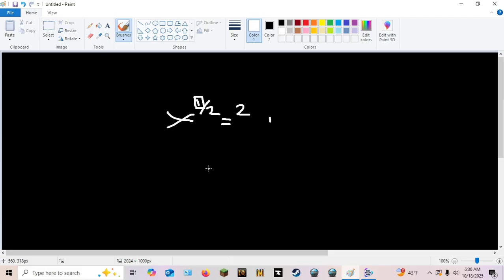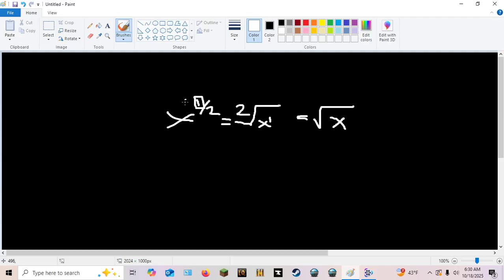Does this remind you of something? Yes or no? Yes, it actually kind of reminds you of a square root. So this actually equals the square root of x. You don't have to write the index or exponents since they're invisible.